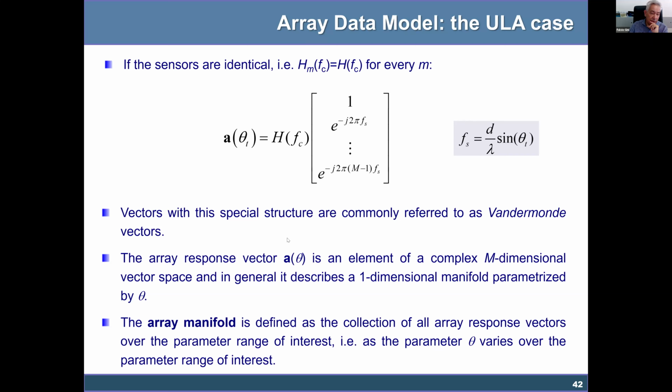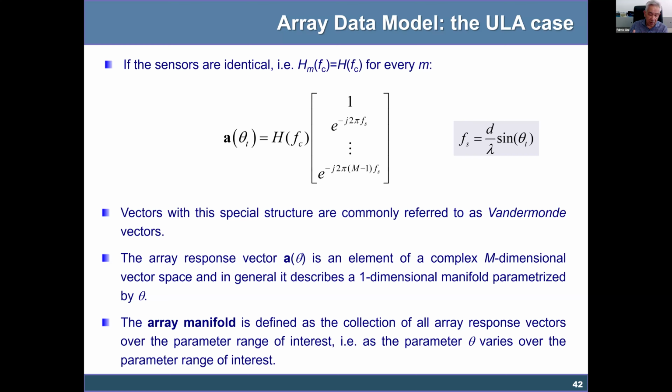And in terms of terminology, obviously, this is a vector. For different values of theta, you get a different vector. The collection of all the array responses that you get by changing the parameter theta is what is called the array manifold.